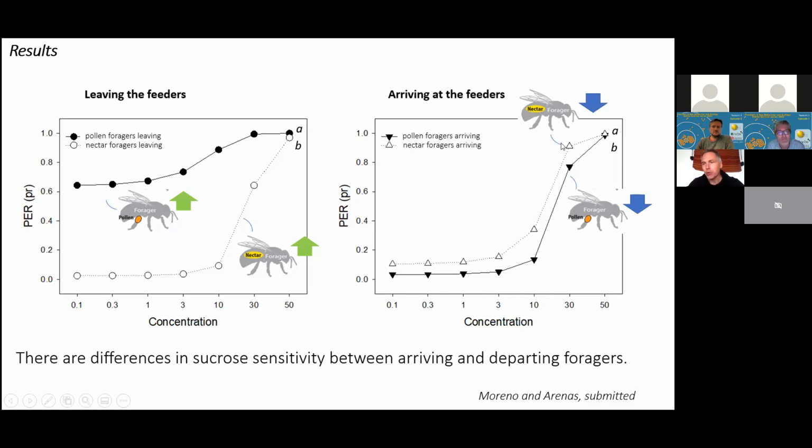Here, those bees, probably nectar foragers, come without any nectar in their crop. Probably they are a bit more motivated to get carbohydrates, and then they are a bit more sensitive than this group. I think that we were talking about the same thing. I think that we agree on this. I don't know if you want to respond.